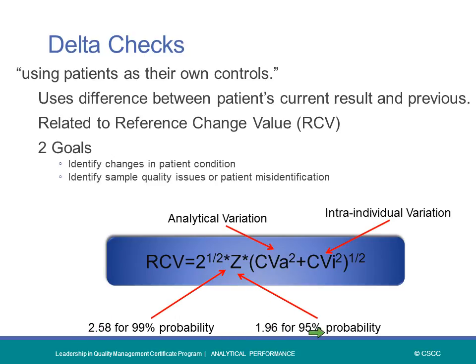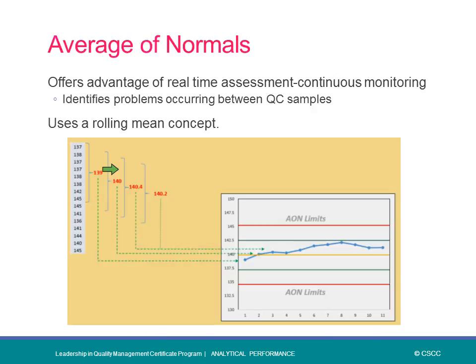A relatively older concept that's now becoming more popular, largely with the availability of new software and middlewares, is the concept of average of normals. Very briefly, the average of normals is a moving average concept where as patient results are collected or analyzed one after the other in real time during analyses within the lab, there's a real-time recalculation of a moving average, illustrated in this graph right here.